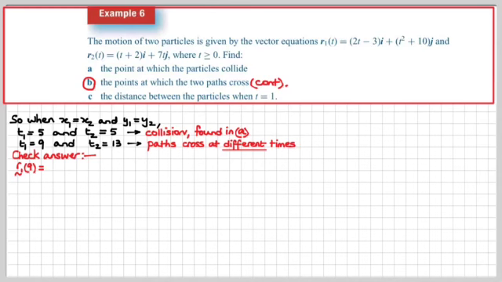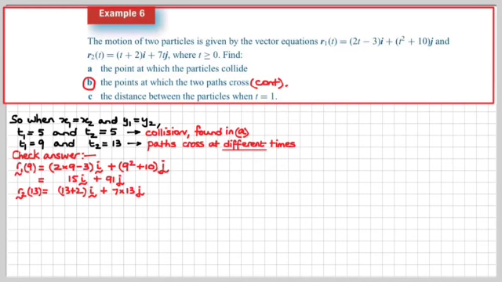Okay, so r1 at 9 seconds, plugging that into our r1 position vector, gives 15i plus 91j. And for particle 2 at 13 seconds, if we plug 13 into the equation for its position vector as a function of time, what are we going to get?